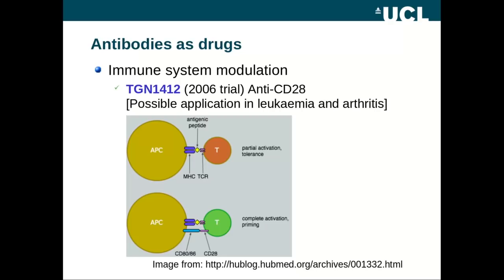They activated all the T cells, and these T cells started to release cytokines which started to attack their body. Some of the volunteers lost fingers, one's head swelled up to twice its normal size. Really quite horrific side effects. Fortunately, all of them survived, but actually only just.